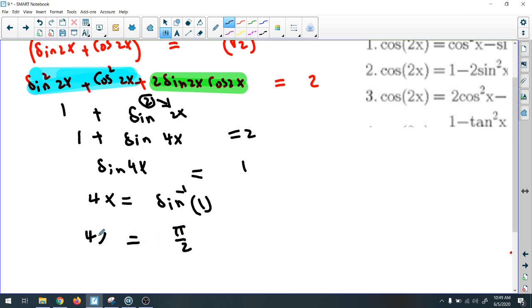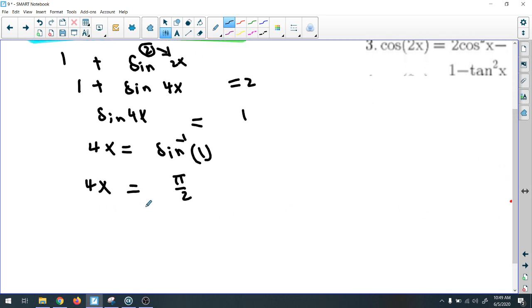And here is 4x. What we could do here is divide both sides by 4. And don't forget, when we have sine and cosine, we add the solution 2 pi n, always with sine and cosine. So now we plan to eliminate the 4, divide by 4.